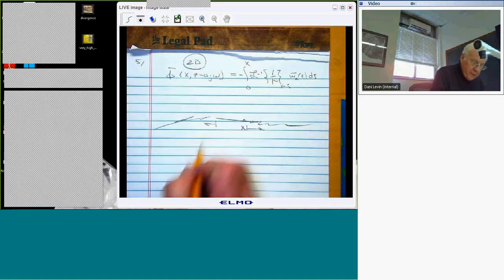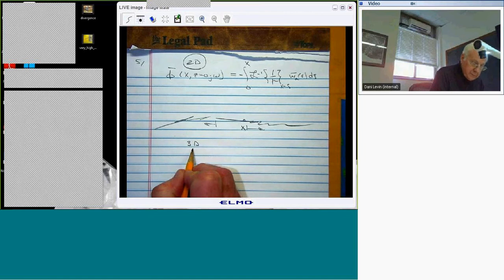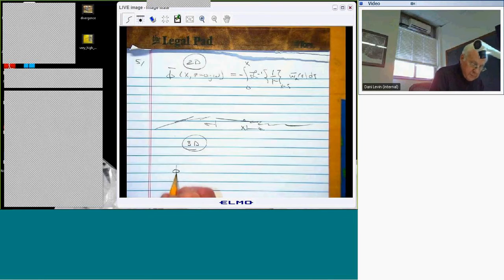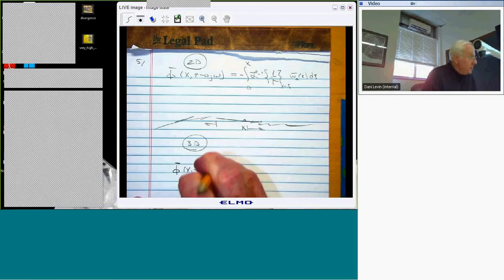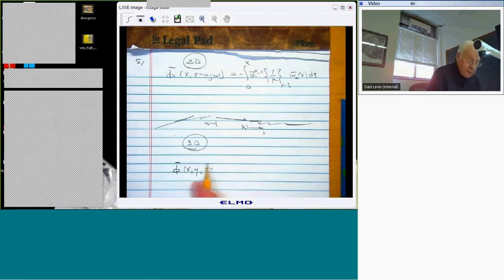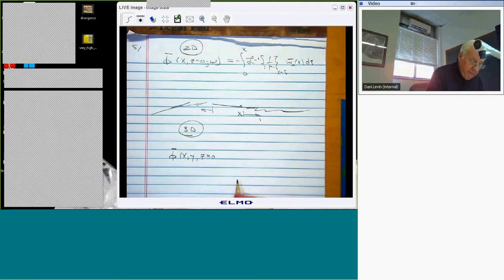3D. Well, now it depends on x and y. We'll still be content for the moment, at least, to look at z equals 0. You can leave a minus sign in, it doesn't really matter.